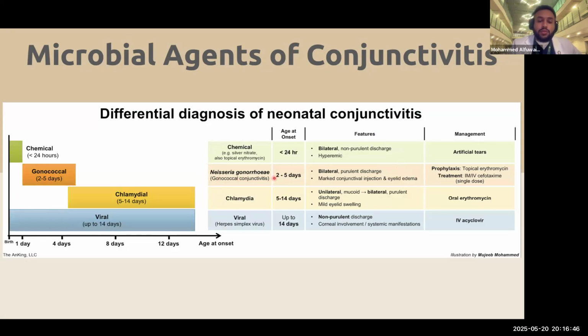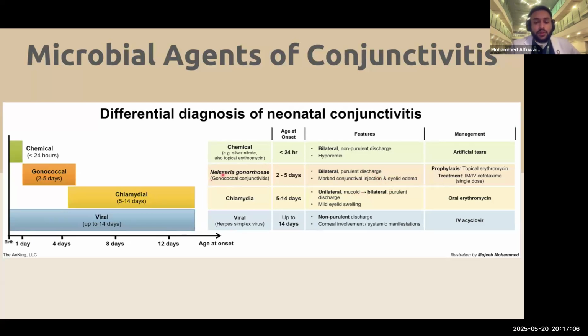Neisseria happens more acutely, 2 to 5 days, bilateral purulent. Chlamydia happens afterwards, so more than 5 days later, around 2 weeks. It starts unilateral and then becomes bilateral.